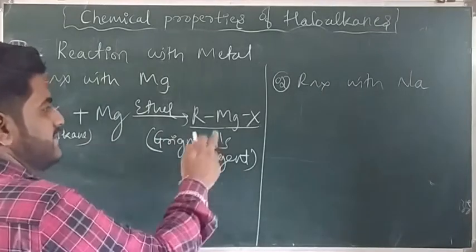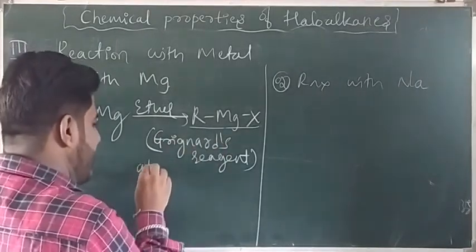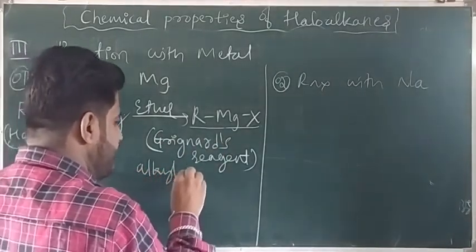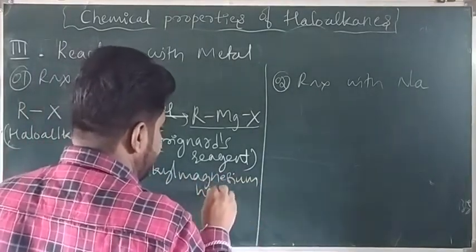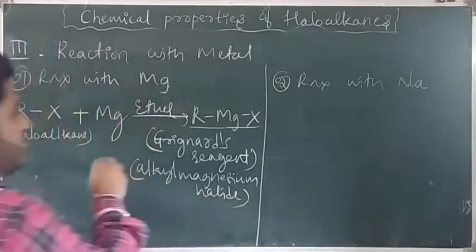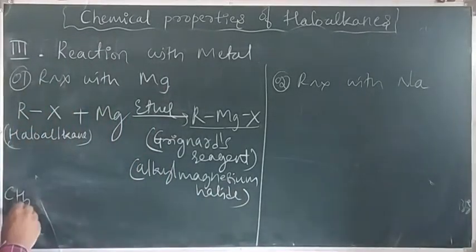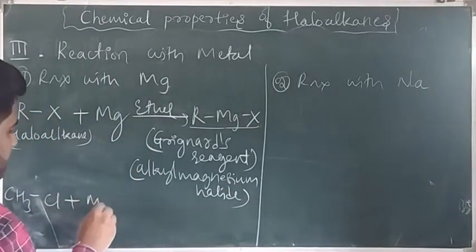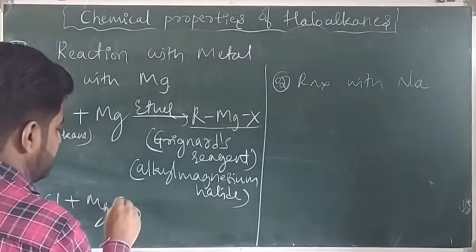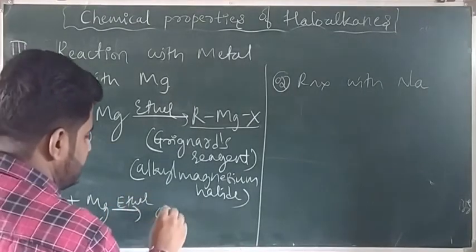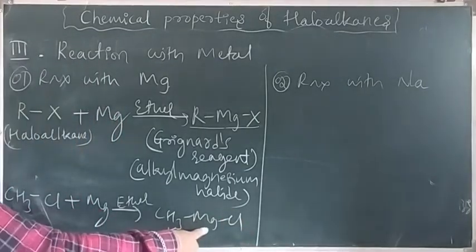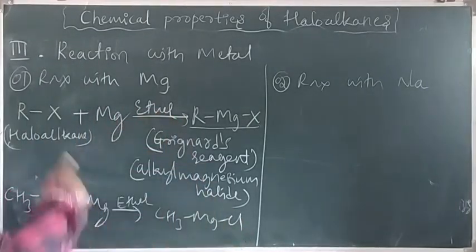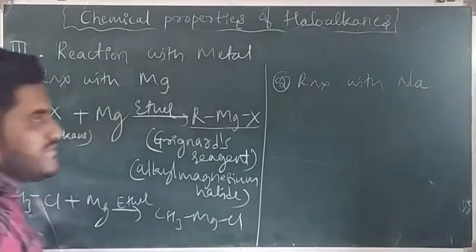What is the name of this one? Alkyl magnesium halide. You can take an example. In place of R, we can take methyl chloride plus Mg. In the presence of ether as a medium, we get CH3MgCl. That means methyl magnesium chloride is obtained. So this is when haloalkanes react with magnesium.